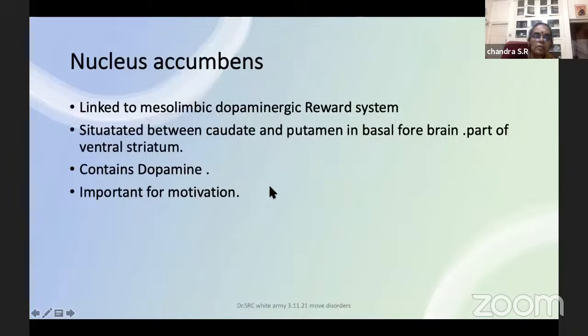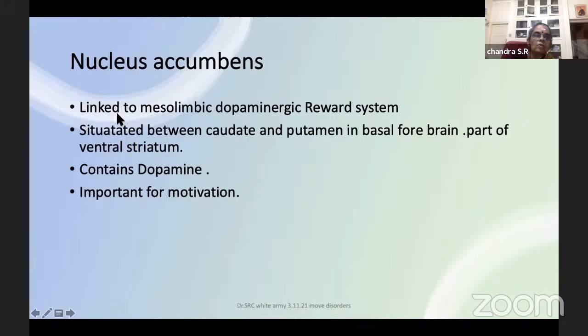Then another important system we should know in motor control is the nucleus accumbens. It is otherwise called the reward system. You do the right movements, it gives you happiness because it contains dopamine, which will be released, and it gives a feeling of happiness to the individual that helps us to do the right thing again and again.